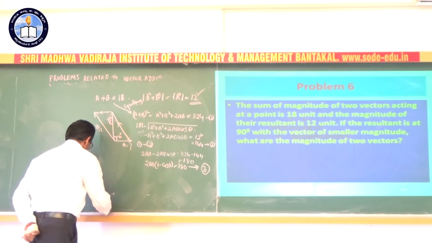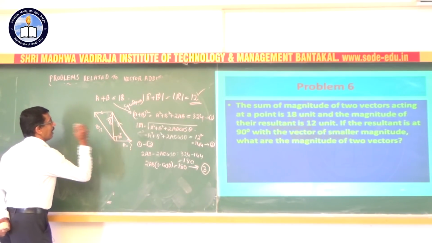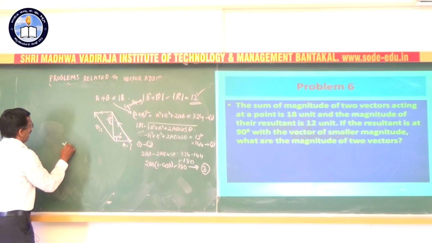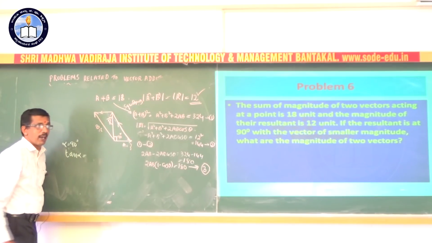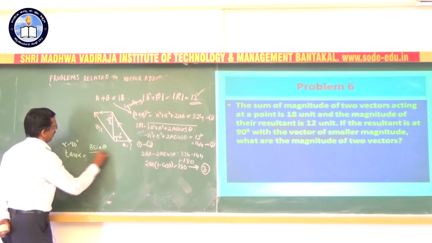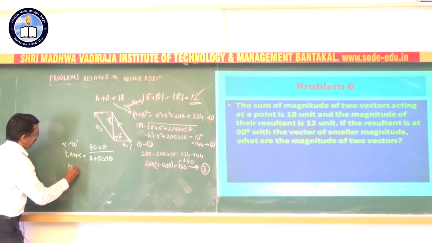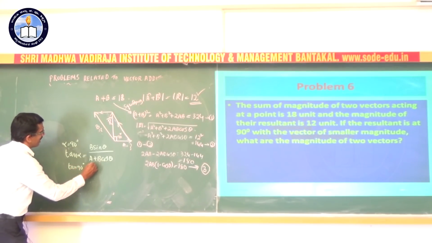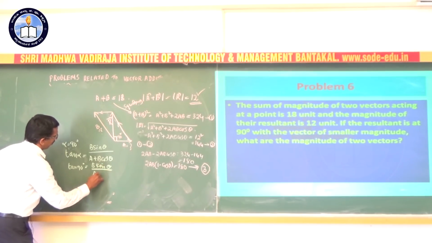Now, we know the angle alpha is given. Alpha is 90 degrees. So tan alpha is equal to, we know the formula, B sin theta divided by A plus B cos theta. Tan 90 degrees is equal to B sin theta by A plus B cos theta.